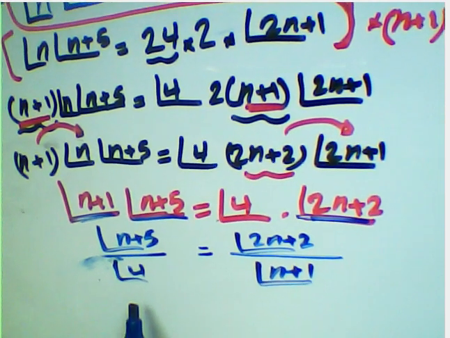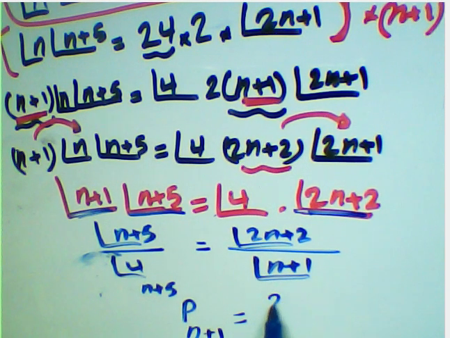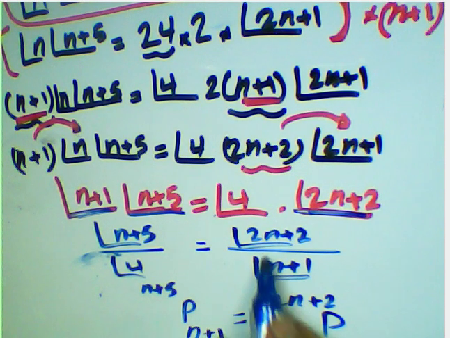We can convert to permutation, permutations about what? n plus 5 in the top here, permutation, the difference between them will be n plus 1, and right here 2n plus 2 in the top, permutation, the difference between them, it will be n plus 1.